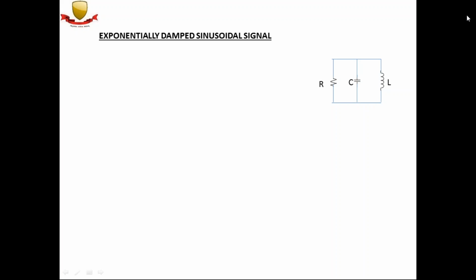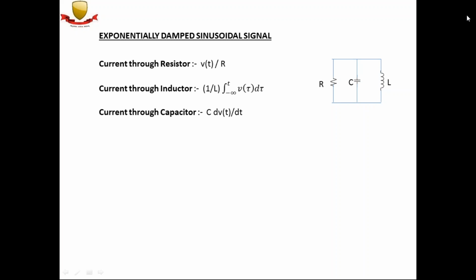In order to understand this, we need to understand a few points. The current through the resistor is given by V/R, that is v(t)/R. The current through the inductor is given as 1/L times the integral from minus infinity to t of v(tau) d tau, where tau is the time variable. Similarly, the current through the capacitor is C dv(t)/dt.